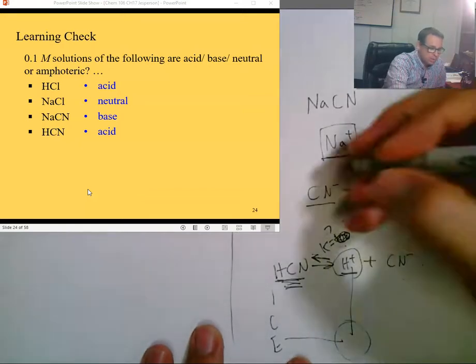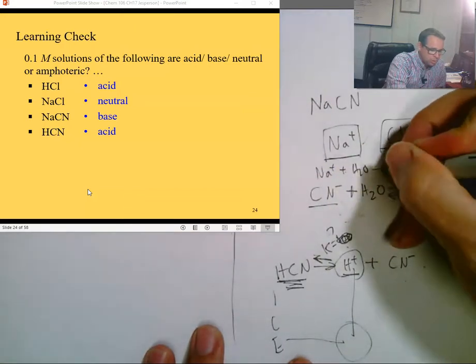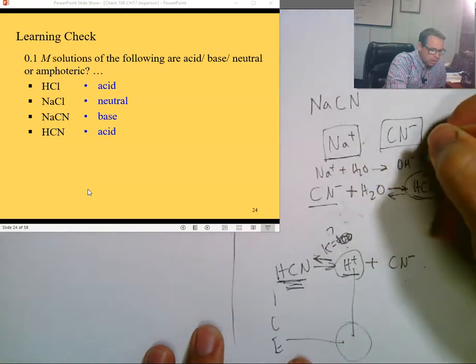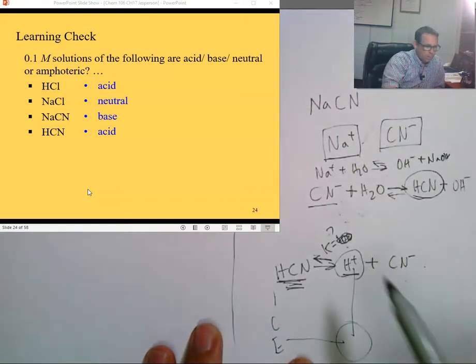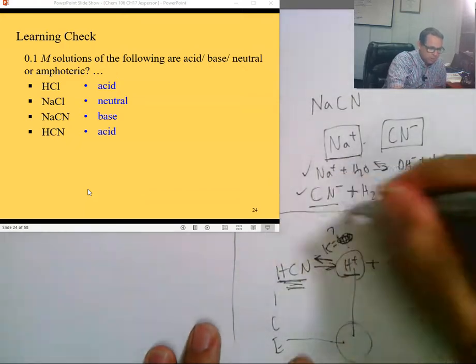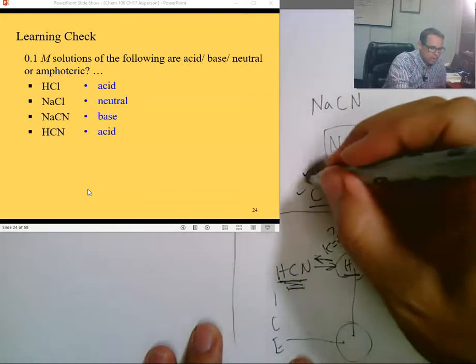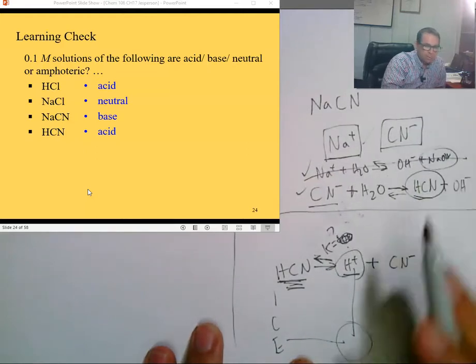And so we said, okay, is sodium ion going to react with water to form the hydroxide ion and sodium hydroxide? These are the two questions we'd have to answer because of the resulting ions from that salt. And we said, no, that's not going to happen because sodium hydroxide is a strong base, therefore it's never going to form.